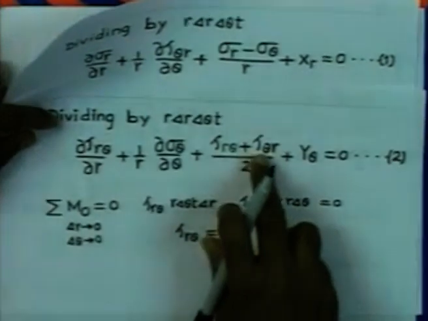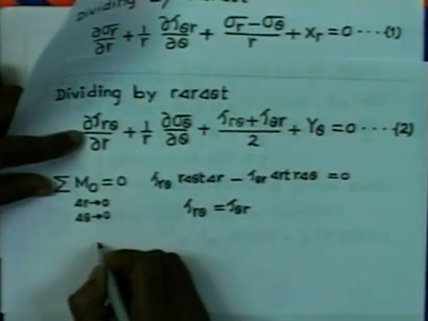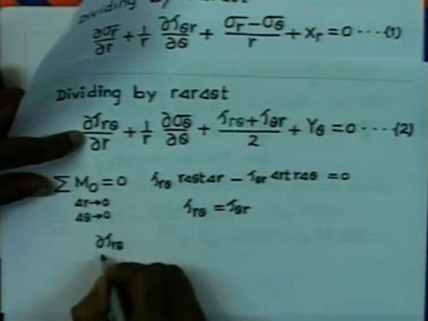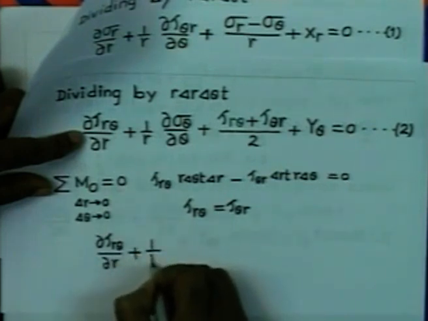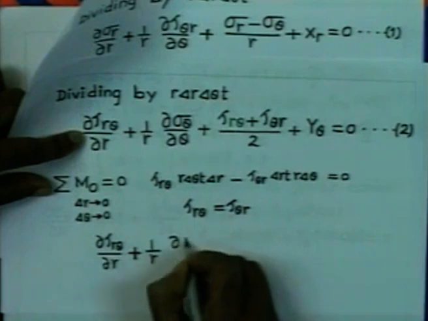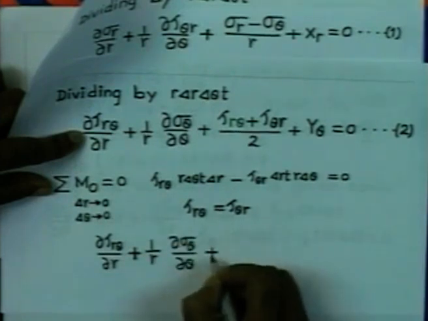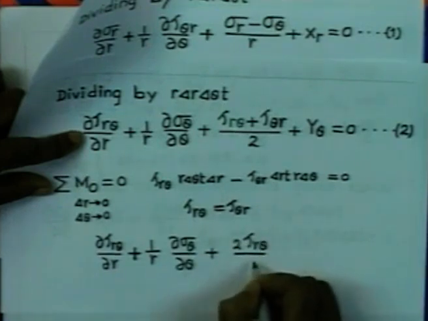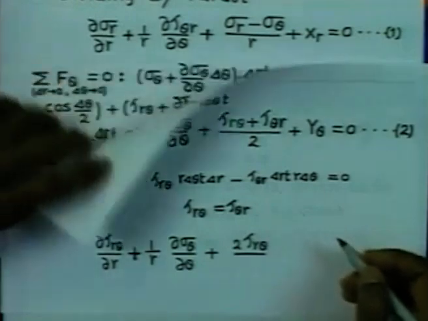Now, since tau r theta equals tau theta r, it will also be proper to write delta tau r theta delta r plus 1 by r delta sigma theta delta theta plus twice tau r theta, and I think I have made some mistake here.